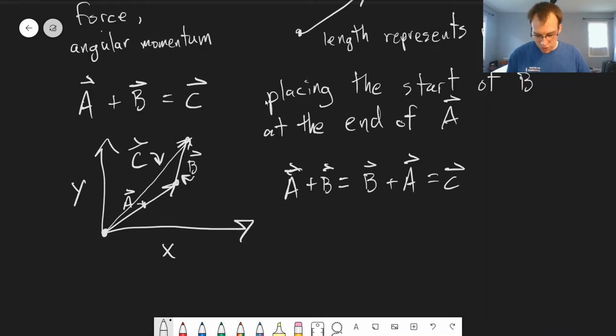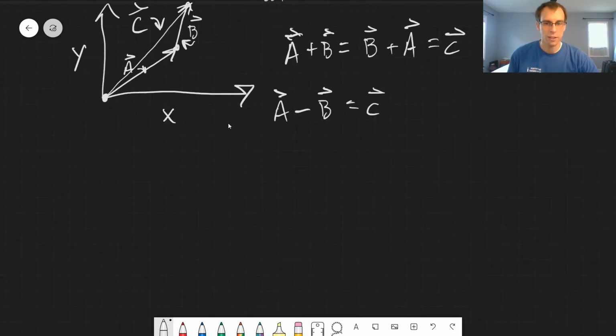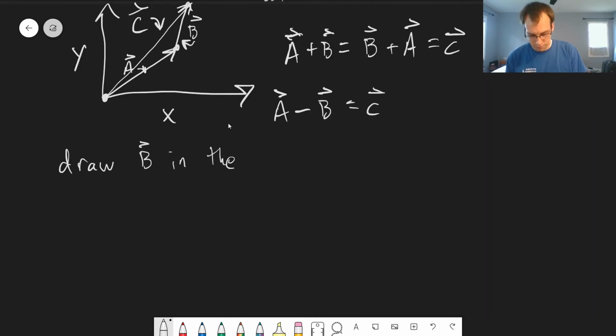If we do subtraction, so if we want to do A minus B, and we can get some final product C from there, what we do is that we draw the negative vector. So we draw, in this case, B in the opposite direction.